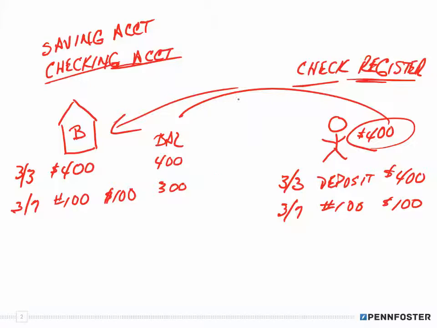Now, let's say that yes, you do go over to the grocery store. Let's make a little grocery store down here, and you have gotten a debit card from the bank, and in the grocery store you spend $50 on that debit card.